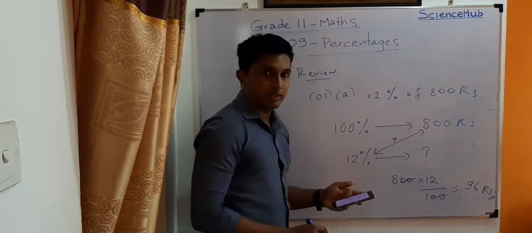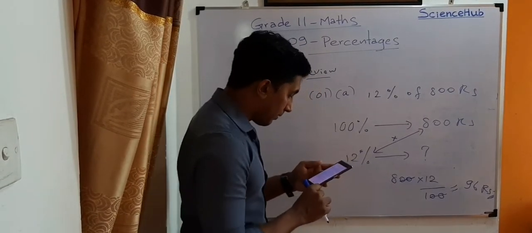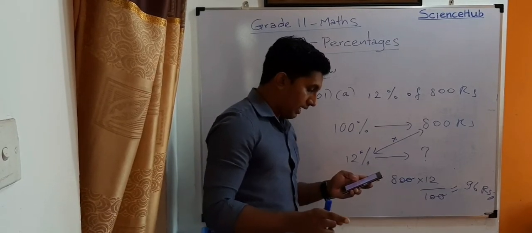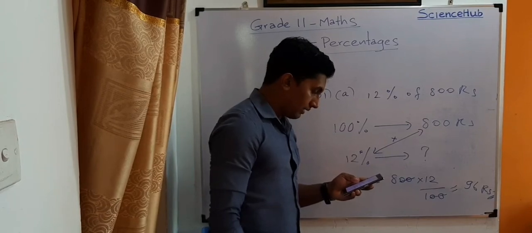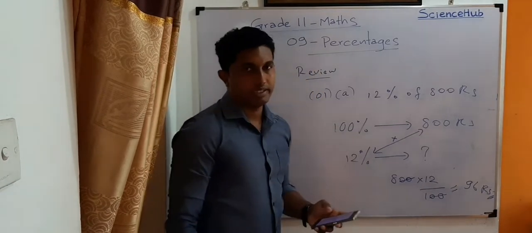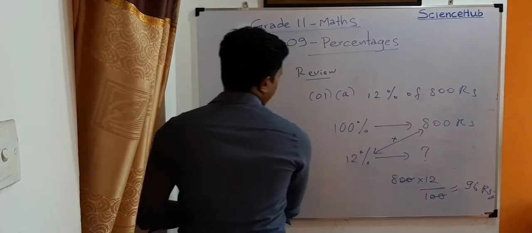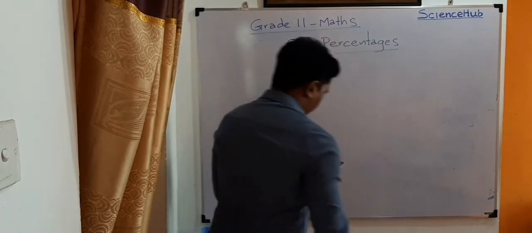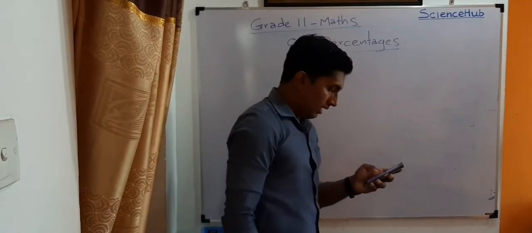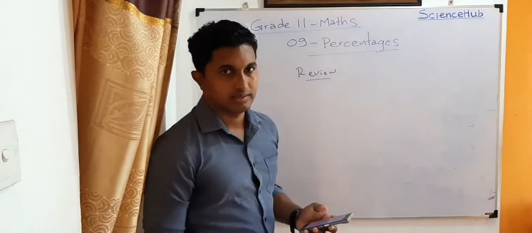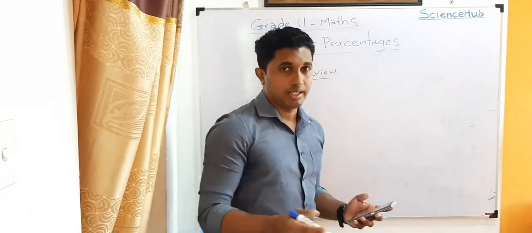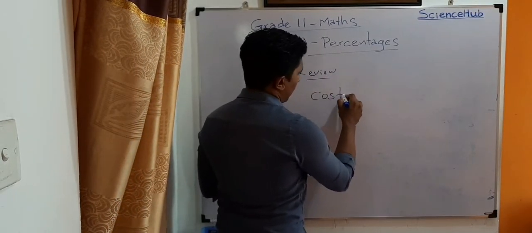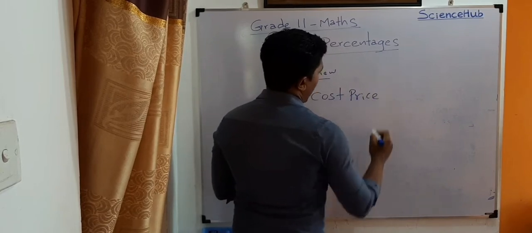The second question of the review exercise. A shopkeeper buys a wristwatch for 500 rupees and sells it for 600 rupees. Calculate the profit as a percentage. Here, we first have to find the profit in rupees, and we need the cost price and selling price.